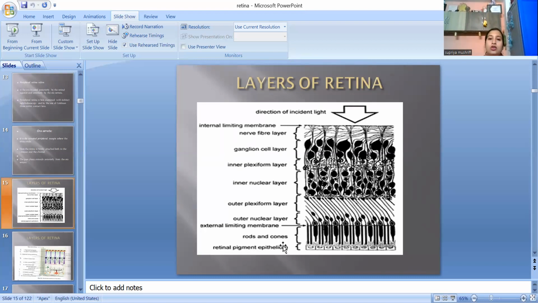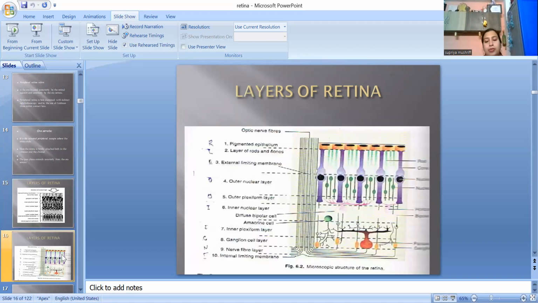If you are asked about layers of the retina, there are 10 layers, which include the retinal pigment epithelium. But when you are asked about the layers of neurosensory retina, you should skip the retinal pigment epithelium and say only 9 layers, from rods and cones to the internal limiting membrane. I think you now understand the difference between retinal layers and neurosensory retina. There is only the difference of the retinal pigment epithelium.